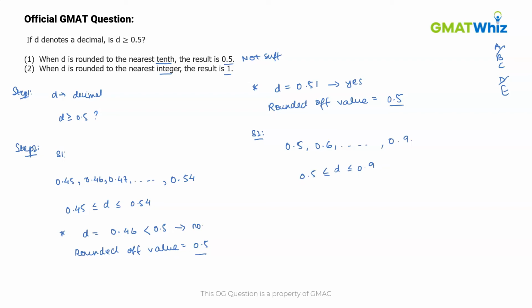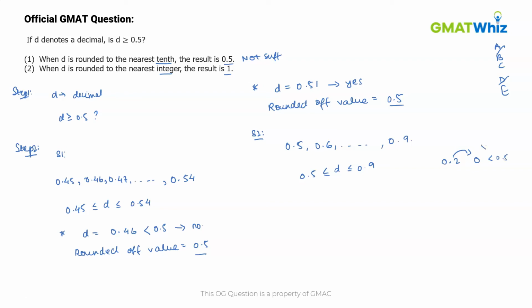We cannot consider any value less than 0.5, because if D is less than 0.5, for example 0.2, then after rounding off it gives us 0, which does not satisfy the statement.